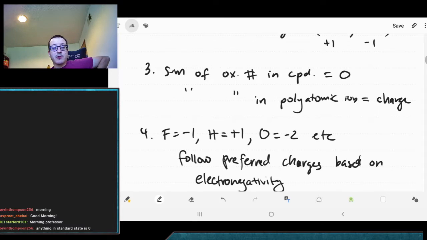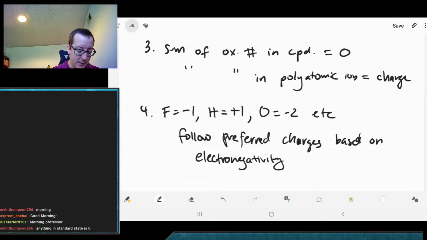And remember, we do this in a particular order, so sometimes you'll have oxygen as -1 instead, or something else. It just depends on what it's with. But we have to start with fluorine, then hydrogen, then oxygen, then the rest in electronegativity order. We would just give them their preferred charges as their oxidation numbers. And so rule 4 is our last resort, but we have to make sure that rule 3 is followed to make sure that we have a neutral compound at the end of the day.